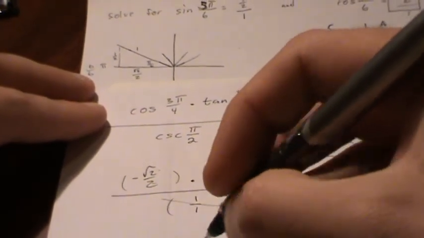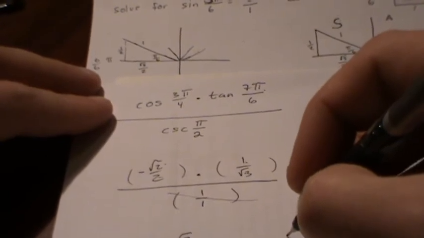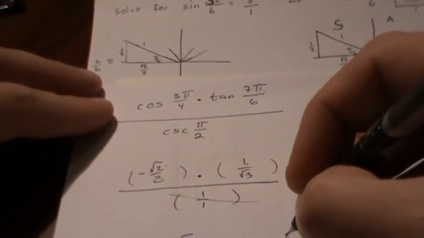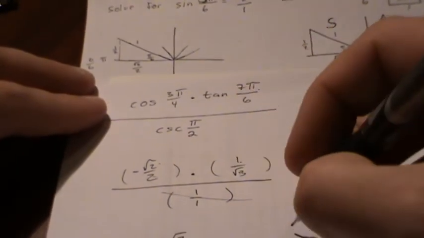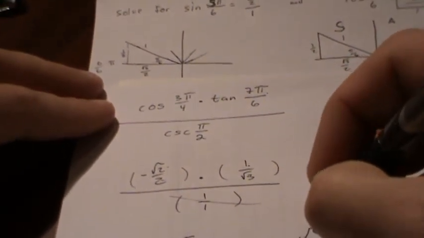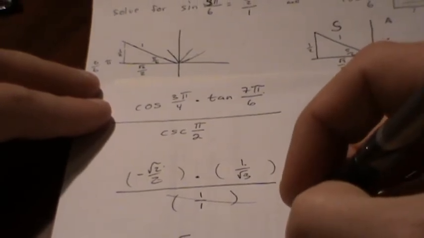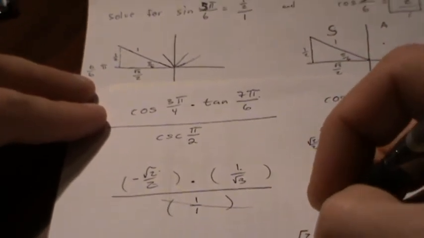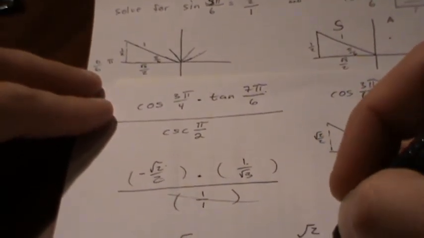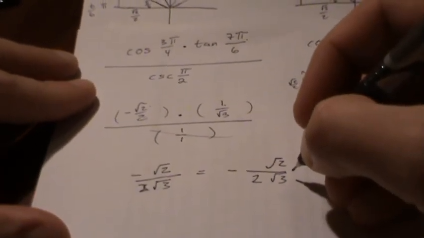And so this ends up being a negative square root of 2 over 2 times the square root of 3. In the book you'll see that maybe the denominators will be rationalized.